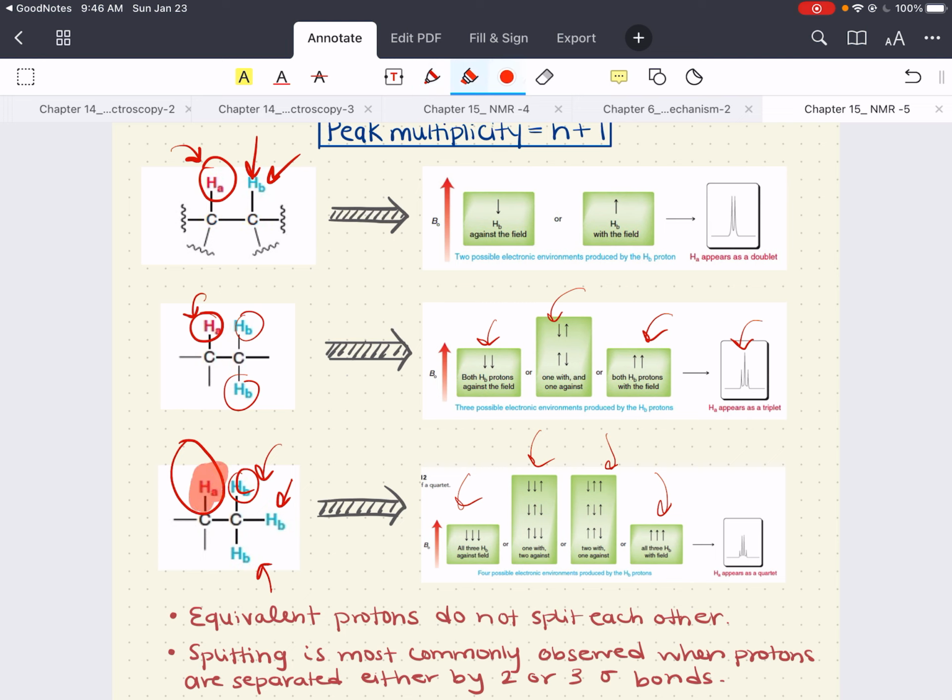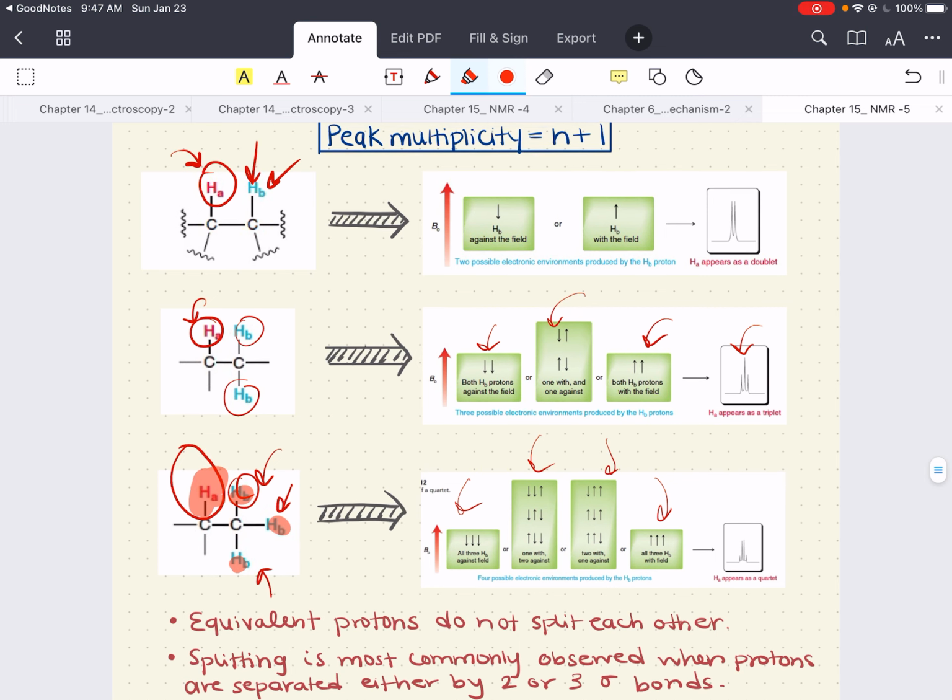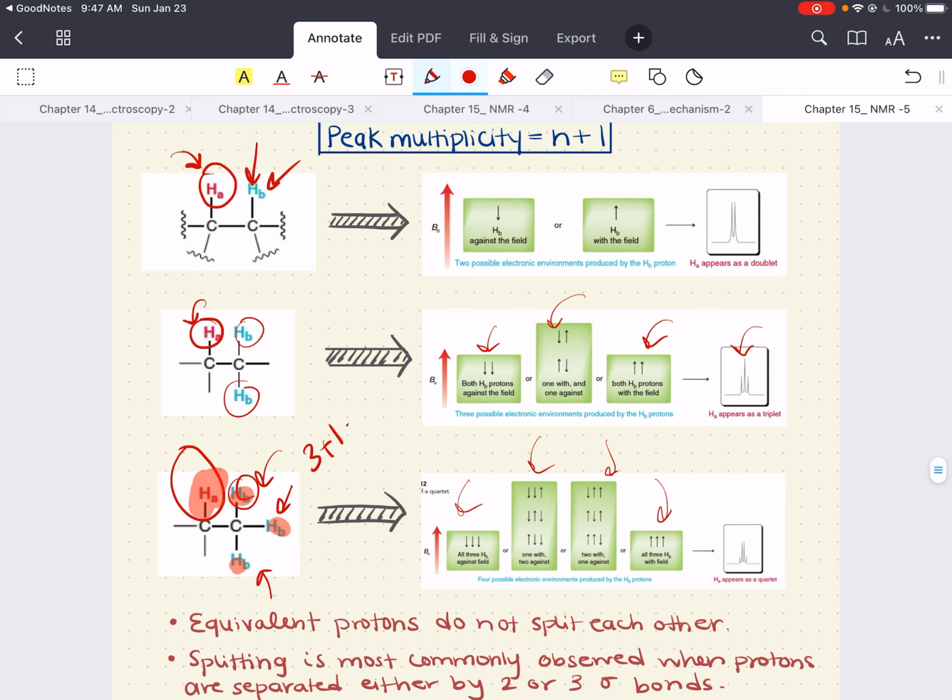Well, what you can do is count the number of neighboring hydrogens HA has. This HA has 3 neighboring hydrogens, and then you add one. So if HA has 3 neighboring hydrogens, it's going to have a multiplicity of 3 plus 1, which is 4. And so HA signal will appear as a quartet. So that's another way of doing that.